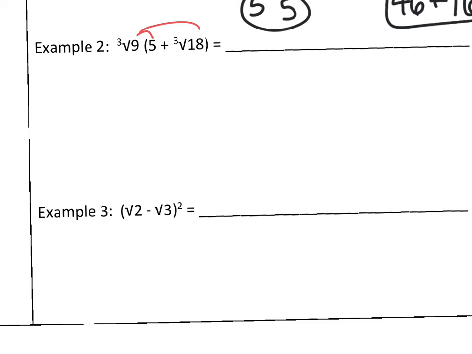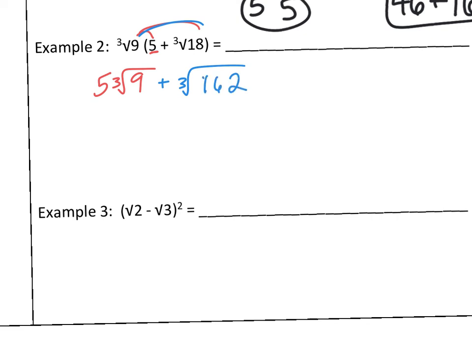So cube root of 9 times 5, well, 5 is going to be a coefficient, so 5 cube root of 9 plus cube root of 9 times cube root of 18, well, those have radicands. 9 times 18, let's see what that is. 162.